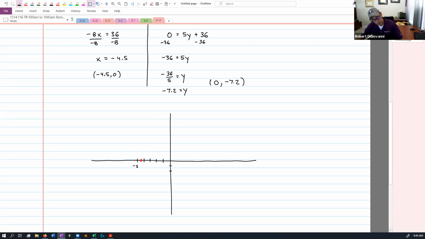So 1, 2, 3, 4, 5, 6, 7, 8. That's negative 8. So negative 7.2 is a little bit past negative 7. Let me go ahead and label these points. And then draw a straight line between them.